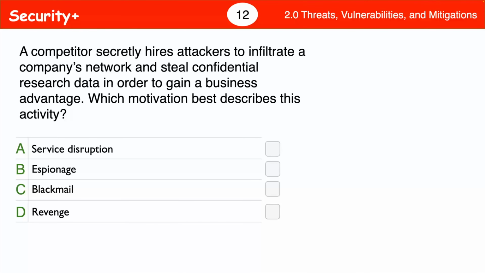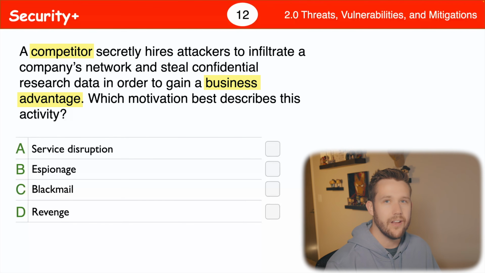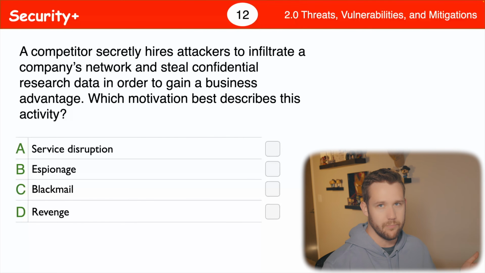Okay, so the two biggest keywords here are competitor and business advantage. These highlight the act of stealing confidential or sensitive information for a strategic advantage.